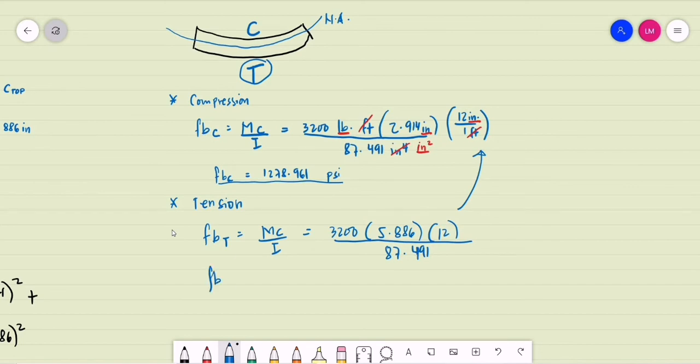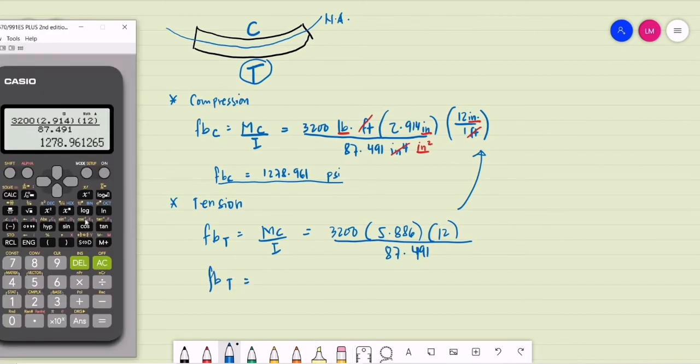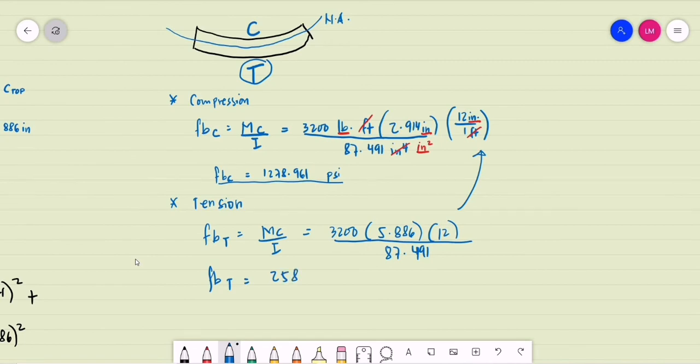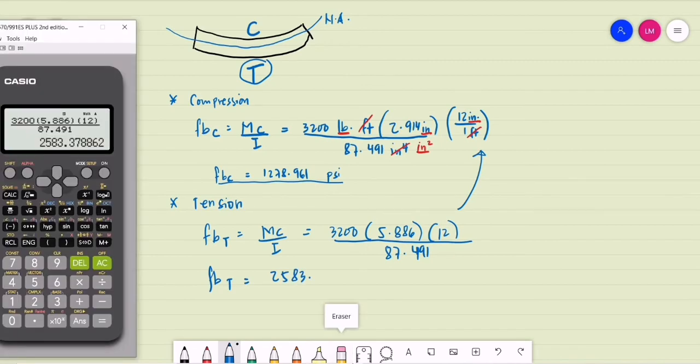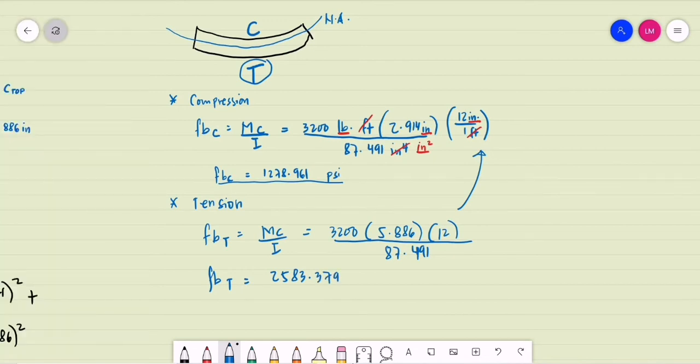So we'll be having the bending stress in tension. I think we may edit this one. All we have to do is replace the 2.914 with 5.886. That is 2,583.379 pounds per square inch.